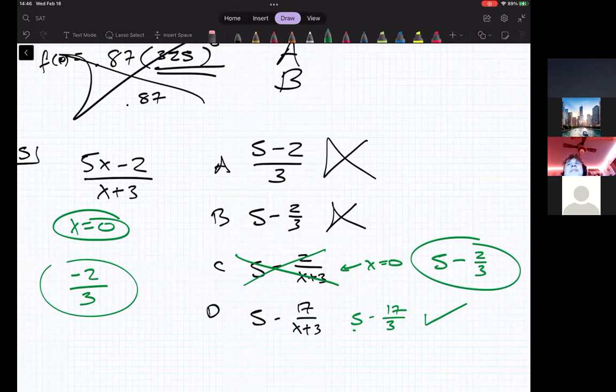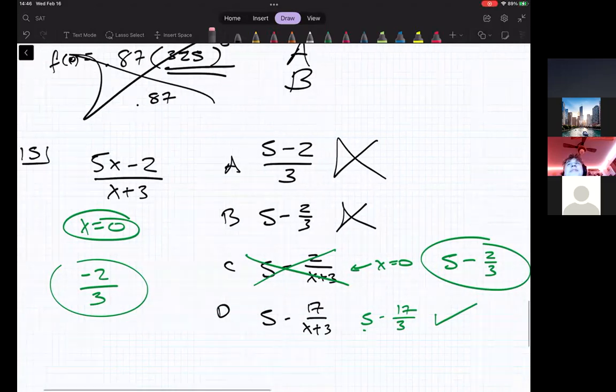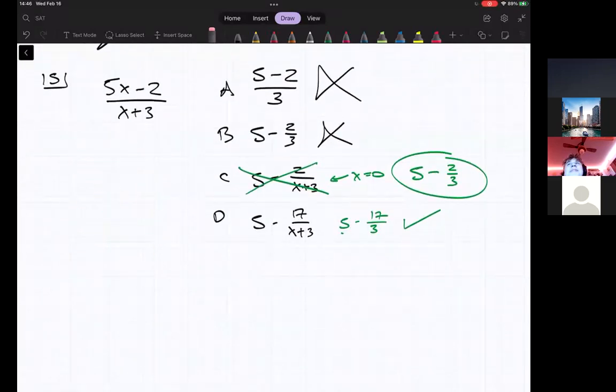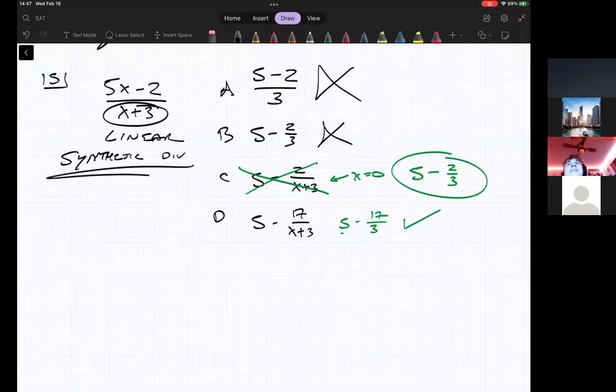Okay. The way that they want you to do it, well, they actually want you to do it the fastest way possible. But another way you can do this is, if this is linear and you are doing division, you want to use synthetic division. Okay, some of you guys haven't done synthetic division in a while, so let's do a quick recap.